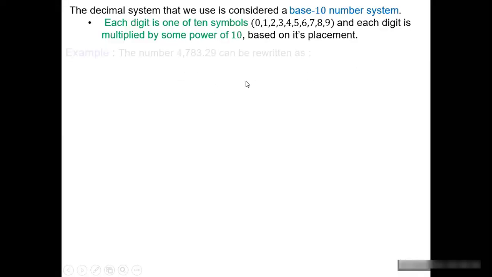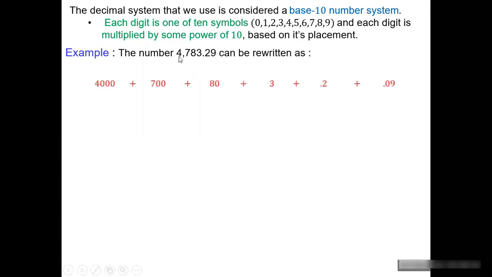So if we were to look at some number, for instance, 4,783.29, or 29 hundredths, we could break this apart into each of its individual digits. The 4 is in the thousands spot, so I could think of that as 4,000. 7 is in the hundreds spot, so I could add 700, then an extra 80, an extra 3, an extra 2/10, and an extra 9 hundredths.